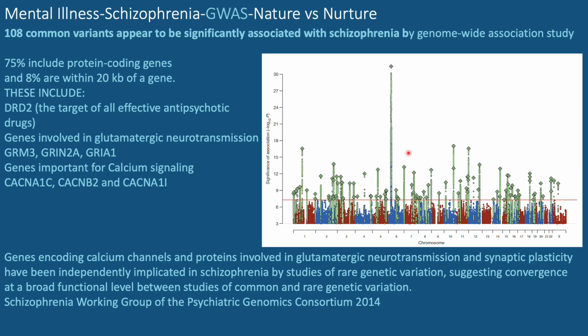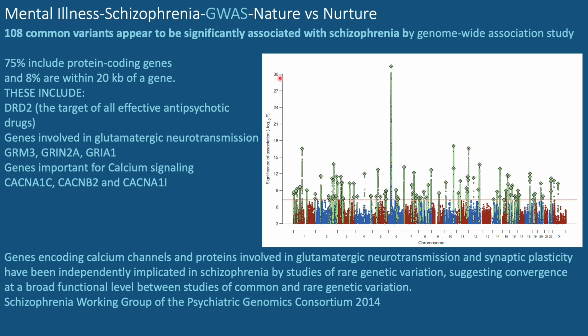First of all, we can look at this picture from the paper from 2014 and try to understand it. What we see on the x-axis, the horizontal axis, is the number that represents each chromosome, 1, 2, 3, 4, 5, up to the sex chromosomes.